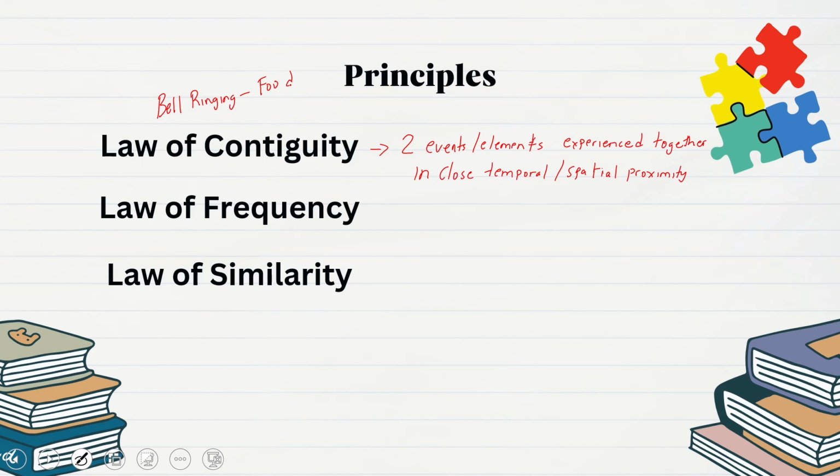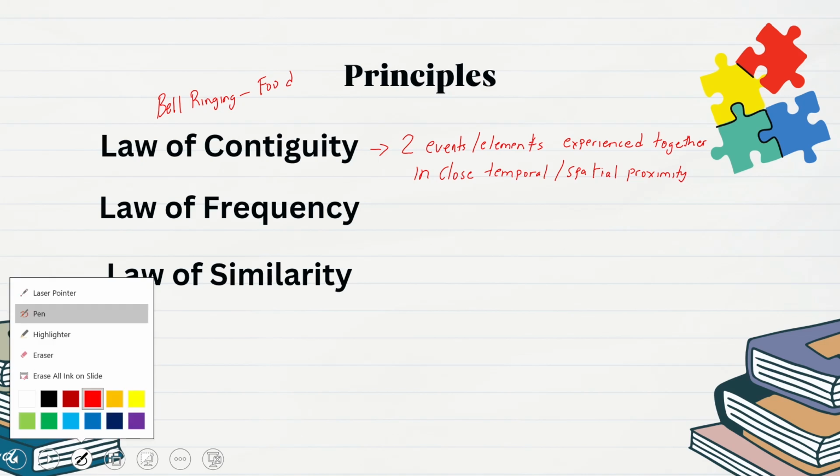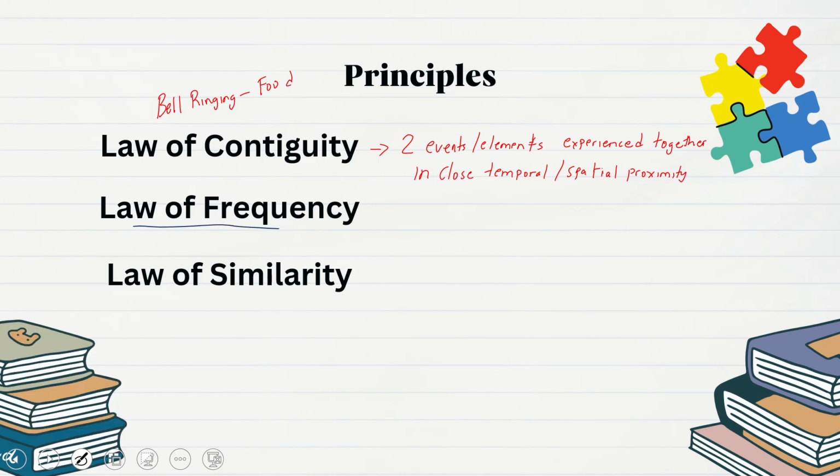Next, we have to deal with the law of frequency. Now, the more frequently the two stimuli, or stimulus and response, occur, the stronger the association between the two.